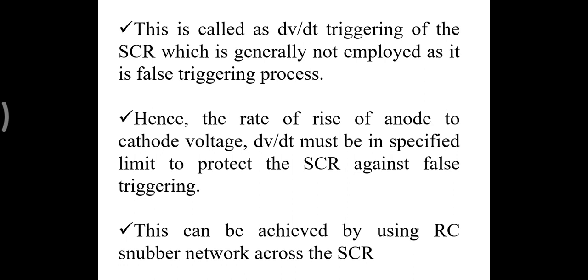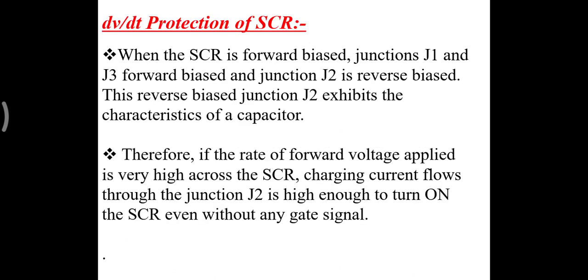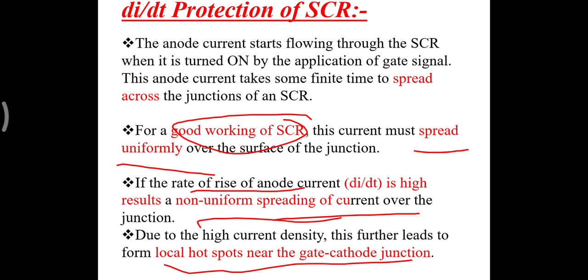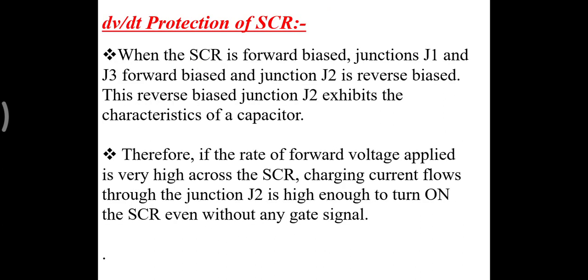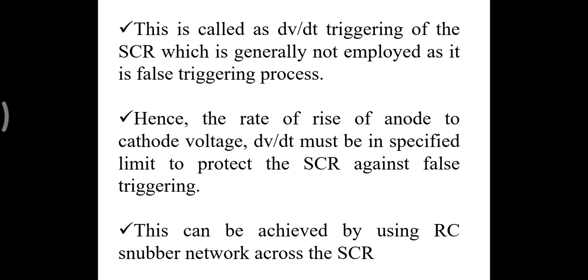This can be achieved by using a snubber circuit. So by using a snubber circuit we can protect the SCR from high dV by dt rating. For protection against high di by dt, we use an inductive circuit in series with the SCR. For high dV by dt protection, we use the snubber circuit across the SCR.